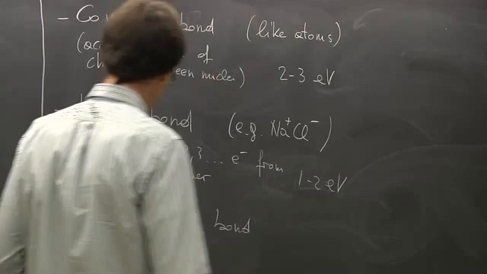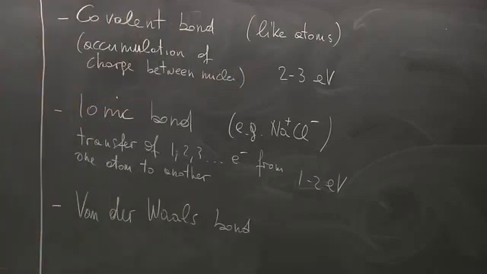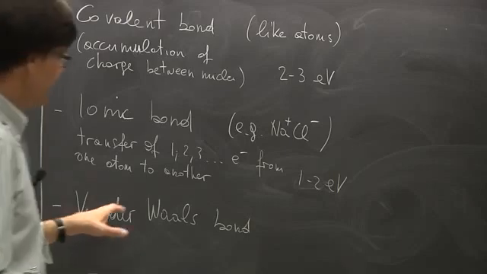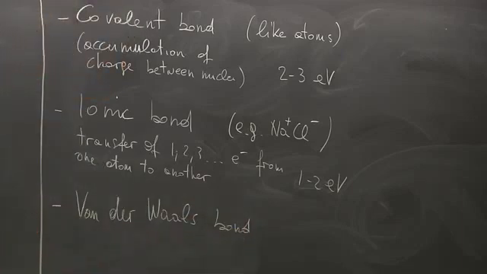And this is typically the bond that results when you have neutral atoms very far apart, in which this charge organization cannot take place because they are very far from one another, far on the atomic scale, or between atoms that are extremely inert, like noble gases. Noble gases don't like to move their charge around. They remain neutral, whatever you do. And so the kind of interaction that they have is this so-called van der Waals interaction.